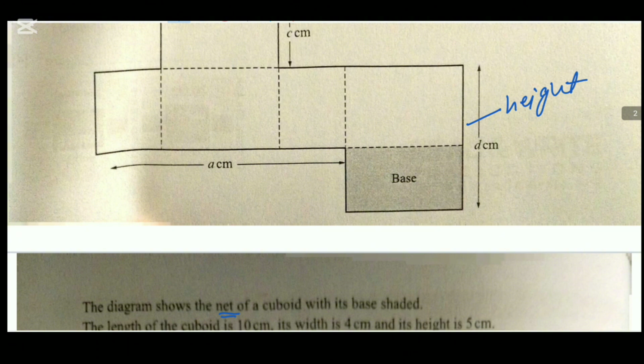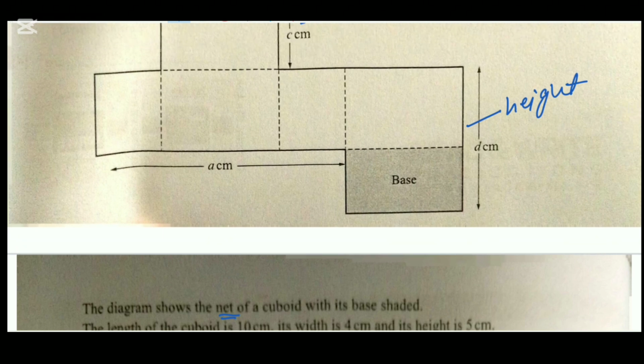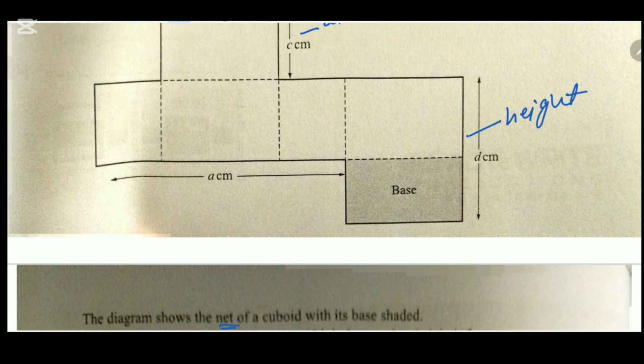Okay, so now how you will find the values? What is given, its width is 4. It means that this is the width, so it will be 4. Okay, because this is base, and this is the width of the base.